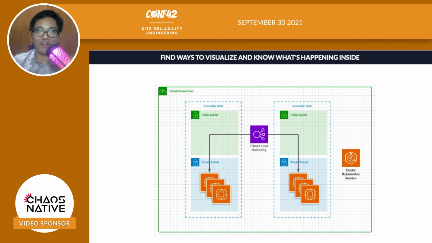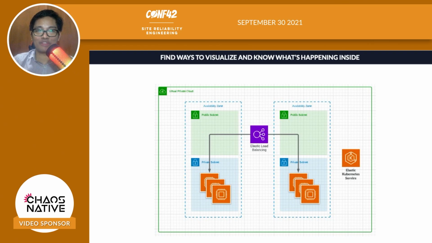So if you have a lot of nodes in your Kubernetes cluster, and there are different types of logs from your application, maybe logs from your network, and so on, things get a bit trickier when you have to deal with a lot of logs.